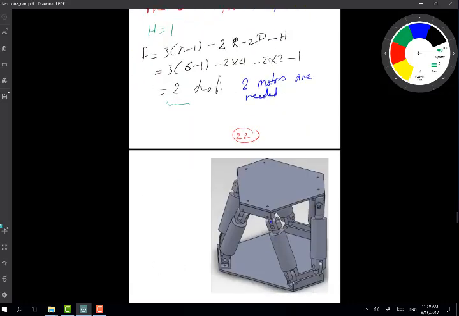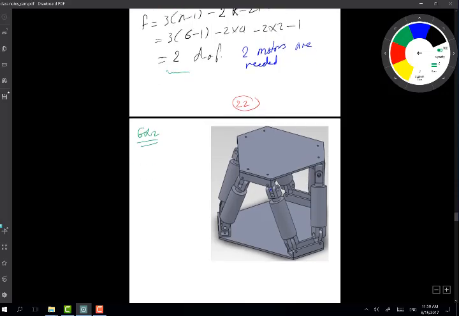Now let's have a look at another example. I have here a flight simulator, if you like, or a Stewart platform with a ground. That's a ground here, and that's a platform or a table.